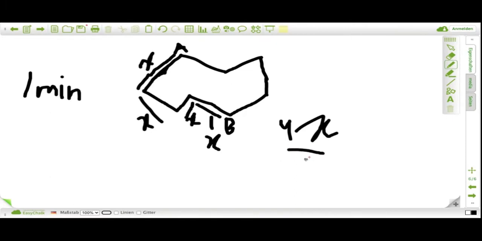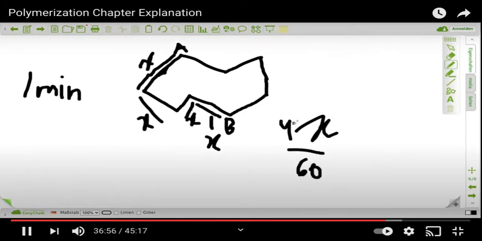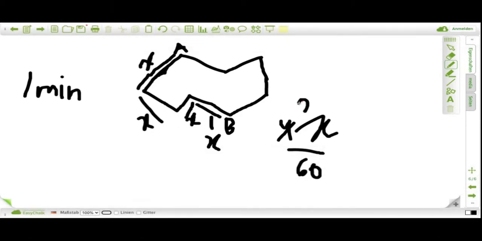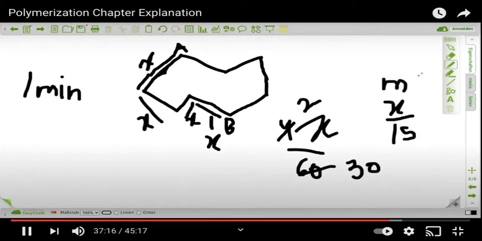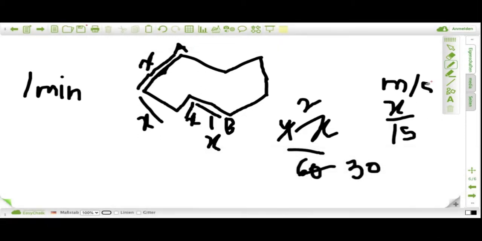Try seeing them. So as I told you, 4x by 60. So it's x by 15. So this much is the distance he traveled.